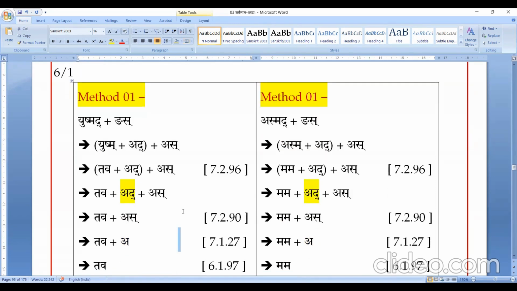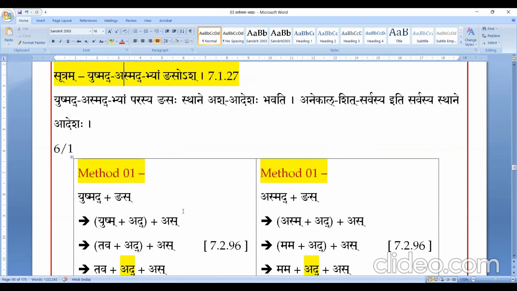As is the shashti vibhakti pratyaya. Then the vibhakti pratyaya also undergoes change. What happens? The pratyaya is replaced by ash. What is ash? Ash is the pratyaya, the adesha. What is the shakara?